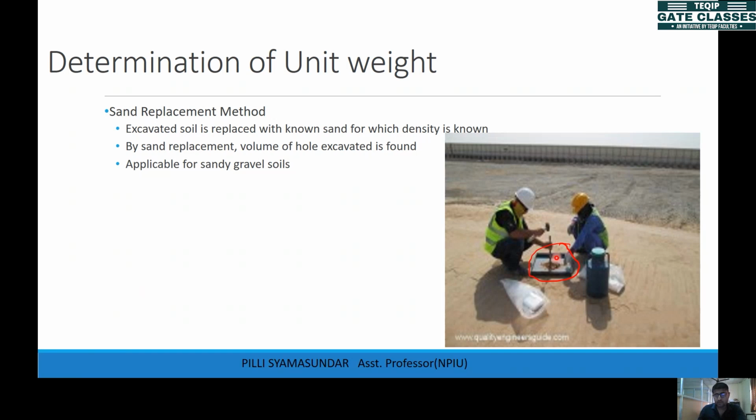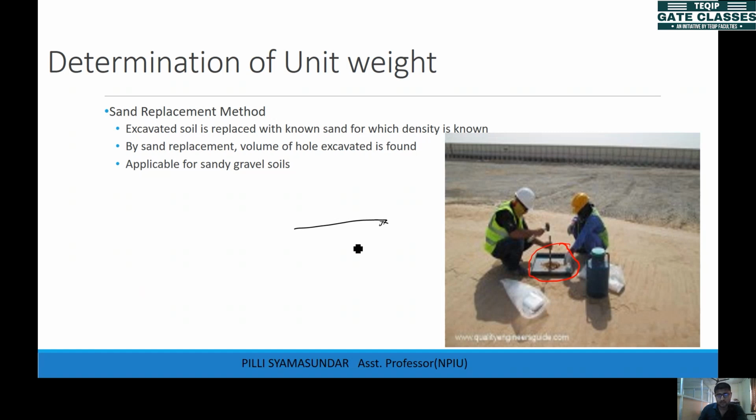Now we want the volume of soil, right? You can't measure the volume of the soil you have excavated because it was disintegrated. It is loose now, so you cannot find out the volume. So you find out the volume of soil by measuring the volume of the hole.